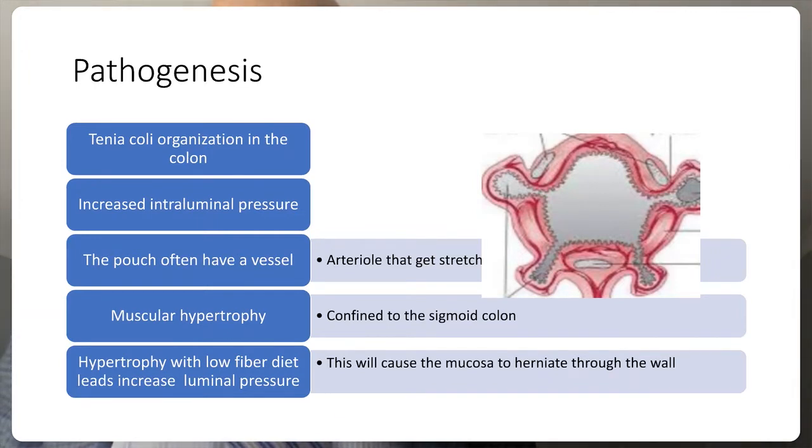Now, the sigmoid colon is the narrowest part of the large bowel, and because of that, according to the Laplace law, it will be the weakest part. It will generate the highest intraluminal pressure, and that's where you see the diverticula. Having said that, diverticular disease can affect any part of the colon, including the right colon, the transverse, the descending, and the sigmoid colon.